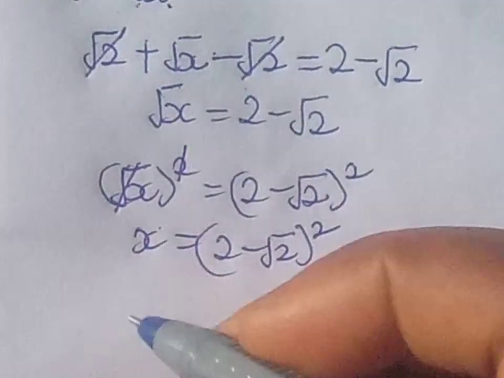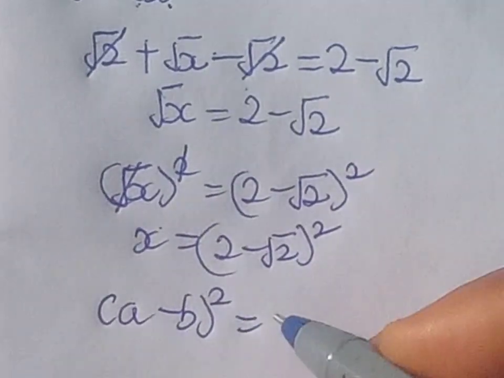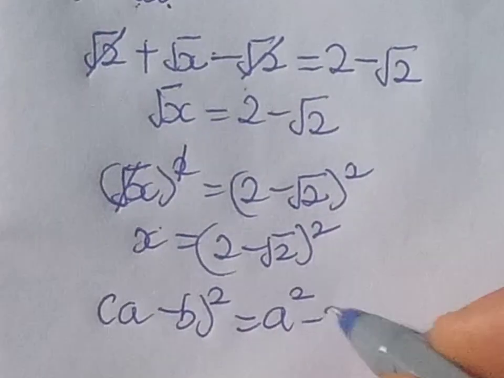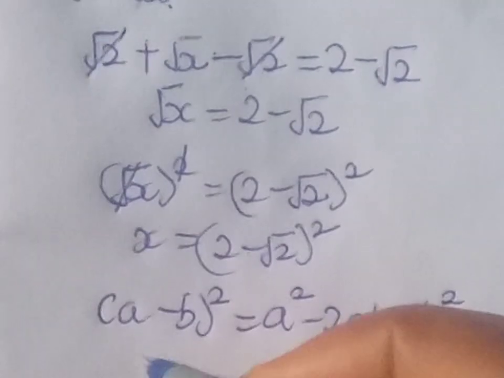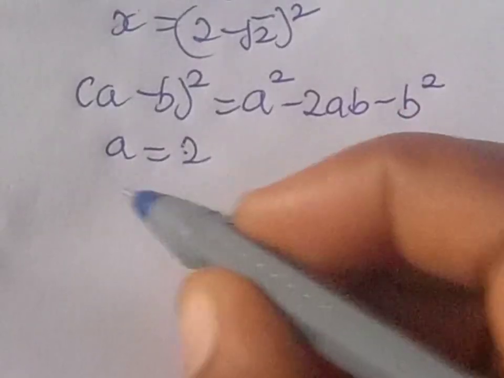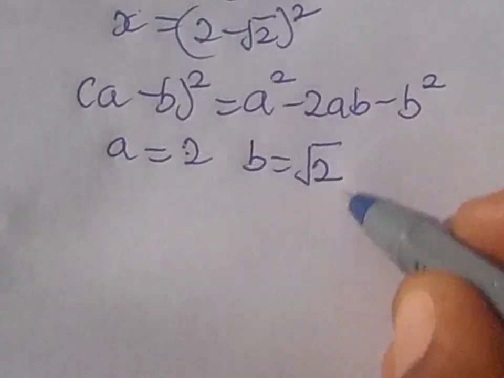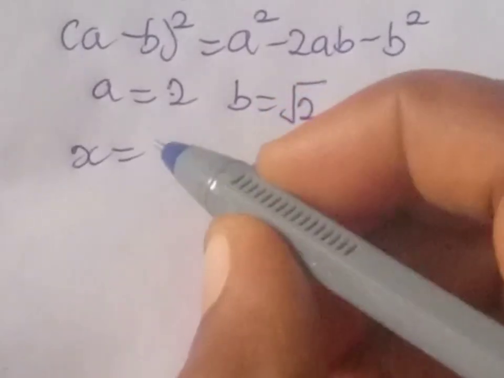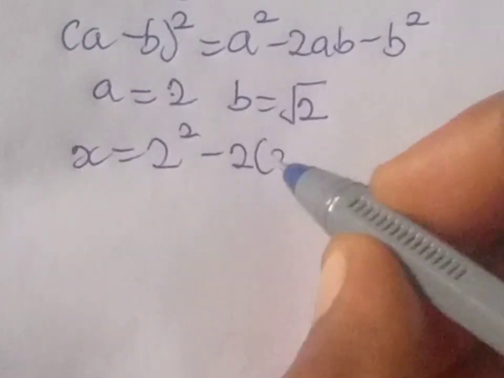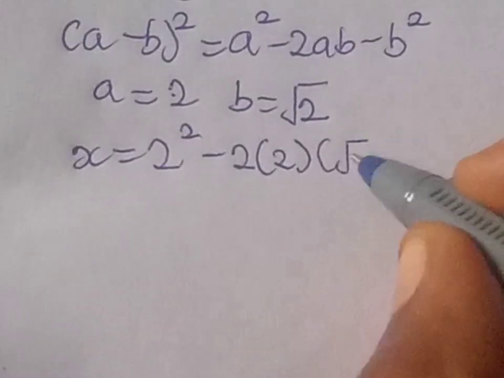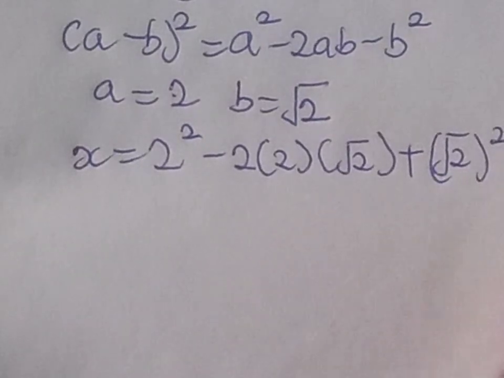Recall the identity (a minus b) squared, which is equal to a squared minus 2ab plus b squared, where our a equals 2 and our b equals square root of 2. So x equals 2 squared minus 2 times 2 times square root of 2 plus square root of 2 squared.